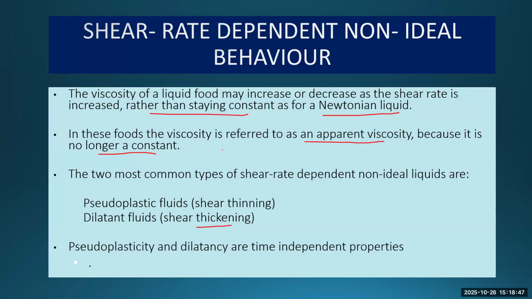In these types of food, the viscosity is referred to as an apparent viscosity, because it is no longer a constant, unlike in a Newtonian liquid.